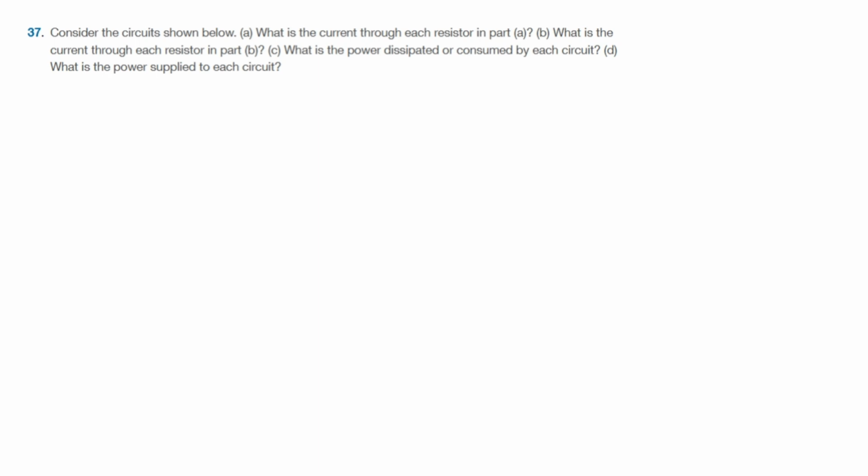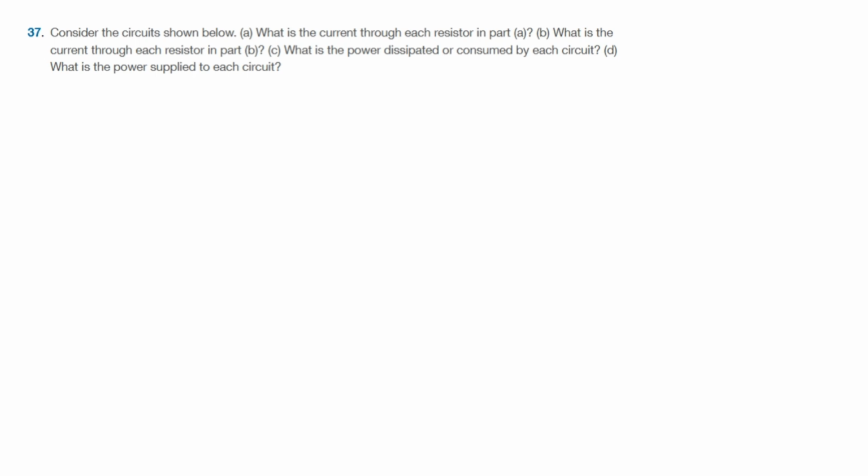Now, what I'm going to solve for this exercise, I will calculate the currents using Kirchhoff. Now we know how to calculate power dissipated, power consumed, power supply. So, how is my circuit? The circuit would be like this.